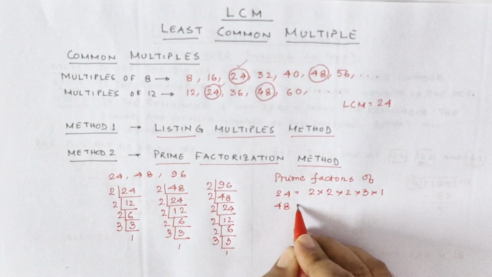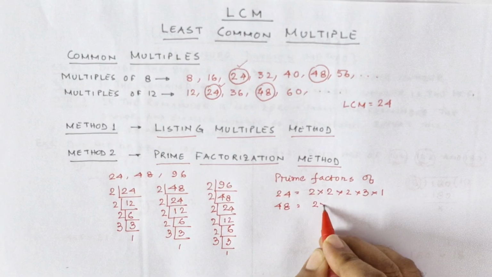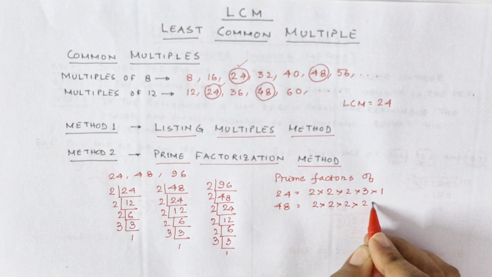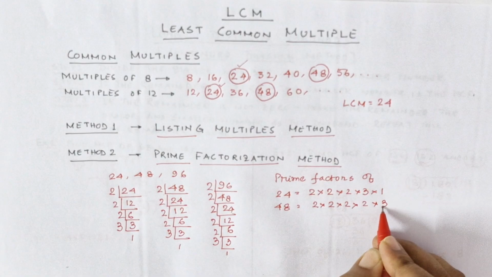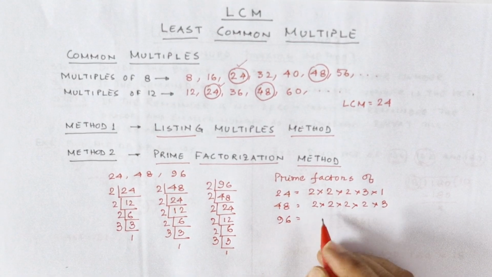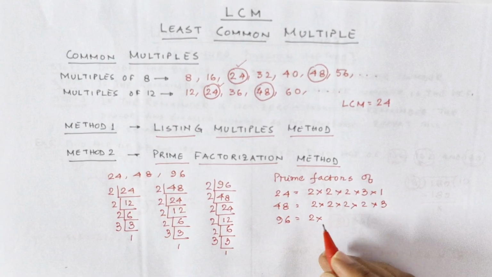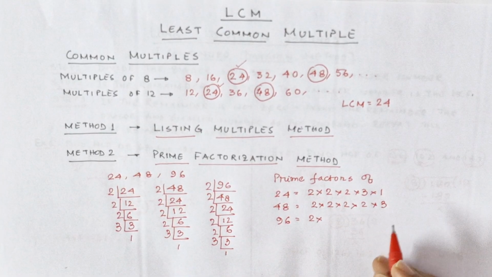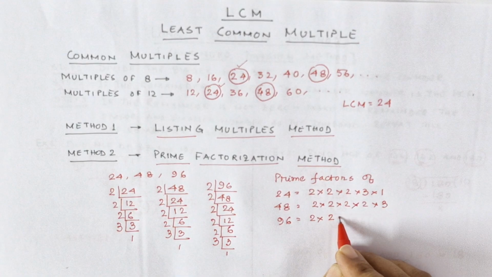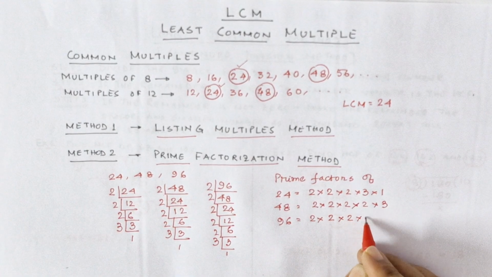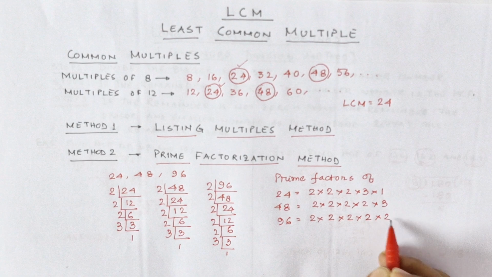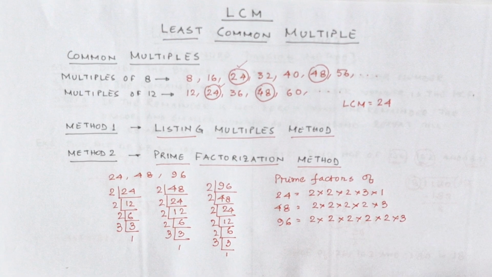For 48, it's 2 multiplied by 2 multiplied by 2 multiplied by 2 multiplied by 3. For 96, we'll have 5 2s, 2 multiplied by 2 multiplied by 2 multiplied by 2 multiplied by 2, so 5 2s, right? And then multiplied by 3, right?